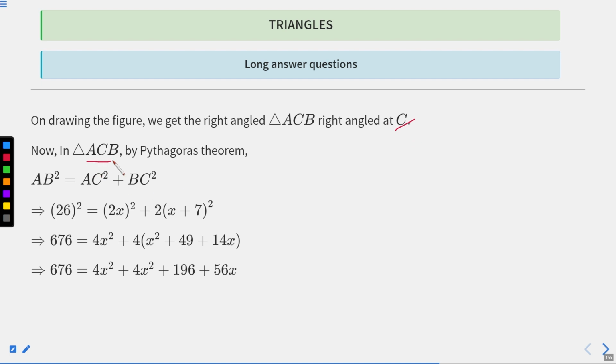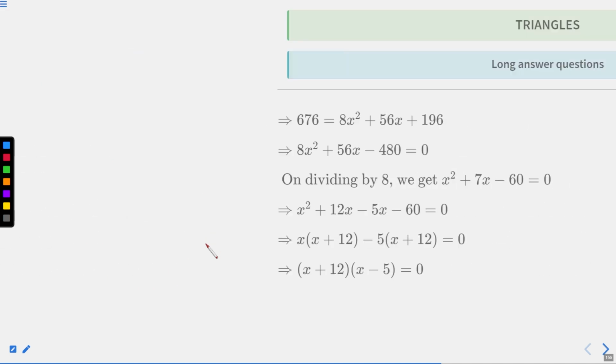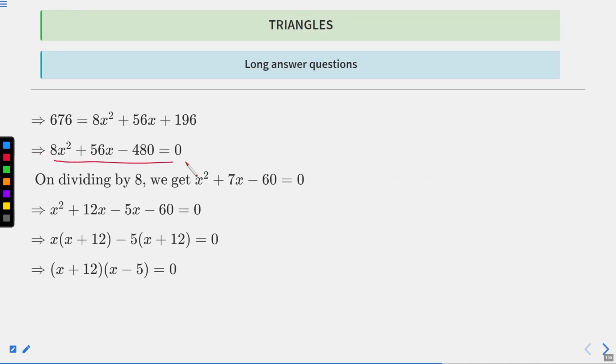So now in triangle ACB by Pythagoras theorem, we get this relation AB square is equal to AC square plus BC square. Okay, so now if we put the values of AB and AC and BC, then we get this relation 26 square is equal to (2x) whole square plus (2 into (x plus 7)) whole square. Okay, and if we simplify it, then we will get this quadratic equation 8x square plus 56x minus 480 is equal to 0.